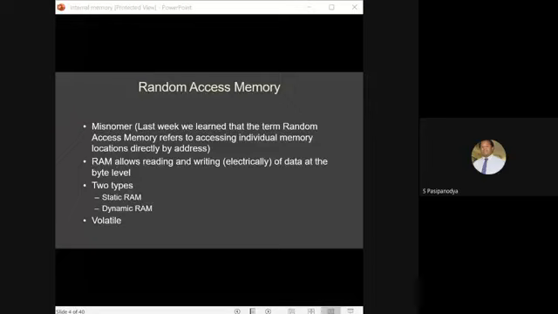So RAM is highly volatile. To a greater extent, it requires some form of conduction or power or electricity to maintain specific aspects of memory.